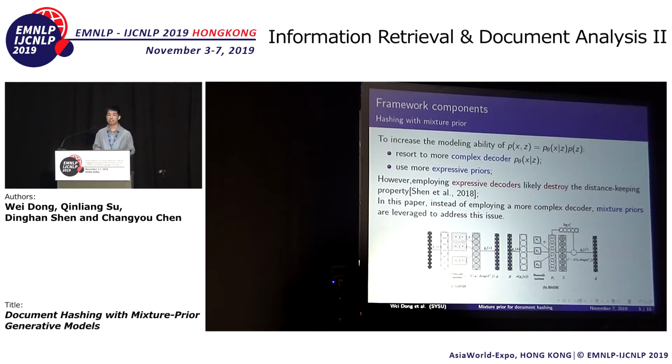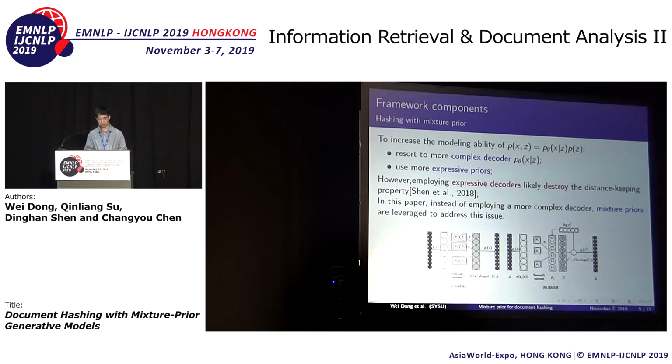It is widely known that a generative model with better modeling capability often implies the obtained latent representations are also more informative. So to increase the modeling ability of P(X, Z), we may resort to a more complex decoder, P_theta(X|Z), for example, LSTM or CNN.